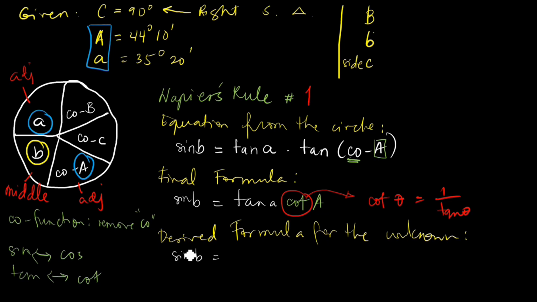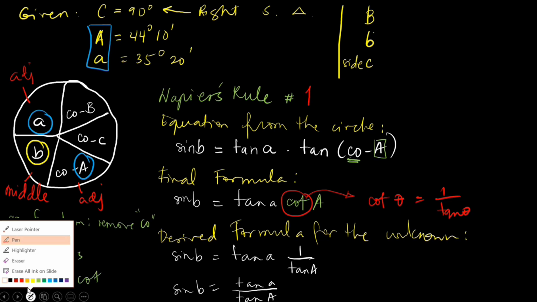That is sine B equals tangent of A on the right side, and cotangent of angle A will become 1 over tangent of angle A. Then you just multiply once you see this format: tangent A times 1. So that is tangent of side A divided by tangent of angle A. By the way, class, if you see tangent A over tangent A, you cannot cancel this because the first A, the small one, is a side, and the second A is an angle. They are different. Okay. Next, what do we need again in this problem?